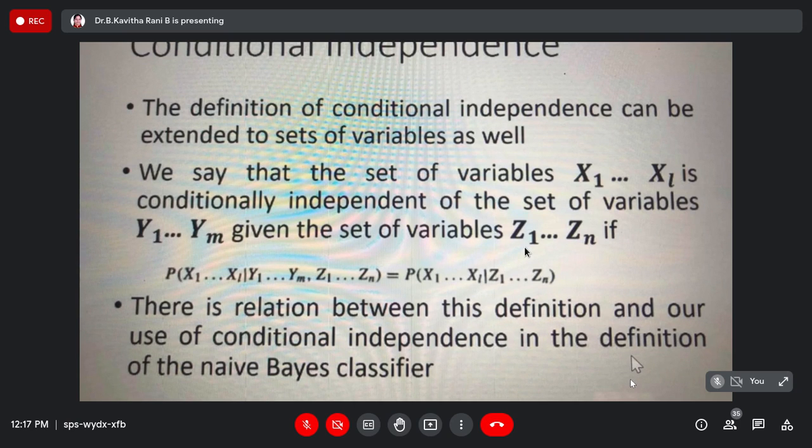One attribute is independent of the other. We gave the sky condition and the humidity condition, and whether we can play tennis or not. How will the outcome be on that particular day, yes or no.